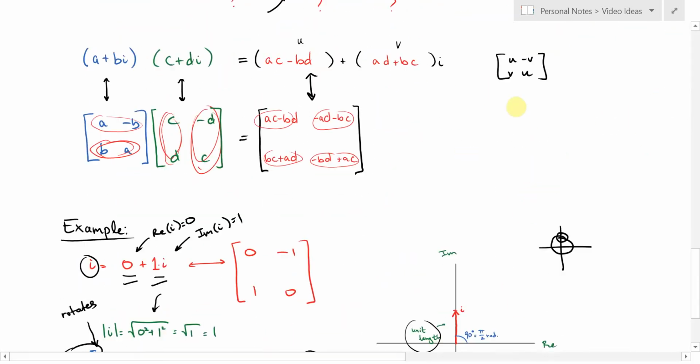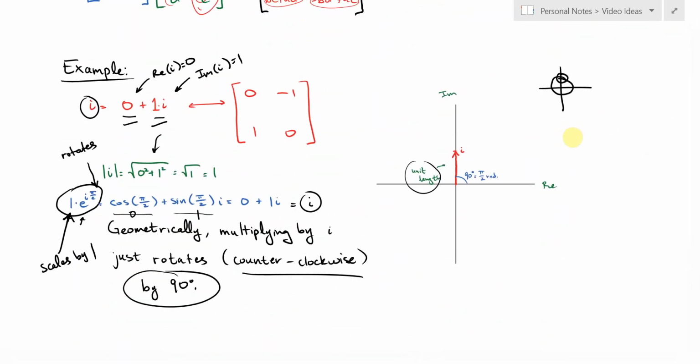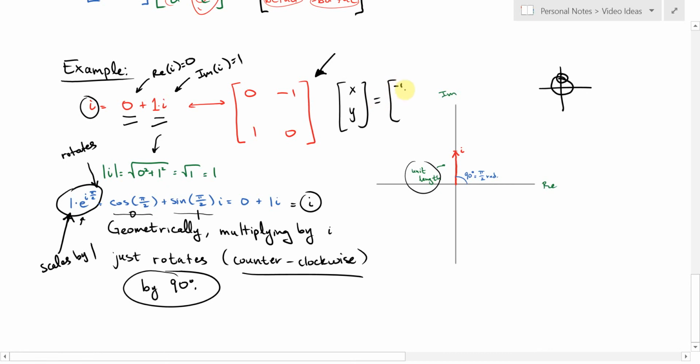But if you want to test your linear algebra again, then think about what this matrix actually corresponds to. 0, -1, 1, 0. When you multiply it by something of the form xy, it'll give you -yx. Verify that, this times this and so on. And the slope of -yx is equal to, well, the change in y over the change in x.